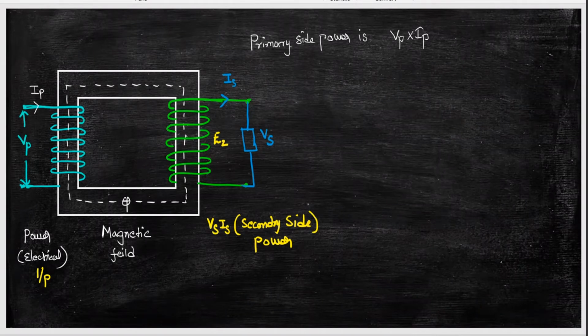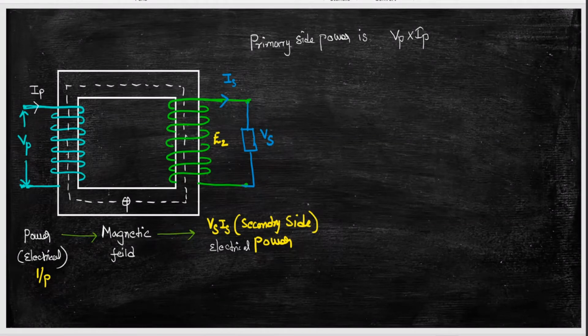If you observe carefully, the electrical power is converted into a magnetic field, and from the magnetic field it is again converted into electrical. VS IS is electrical again.